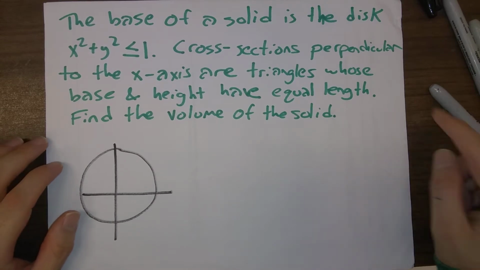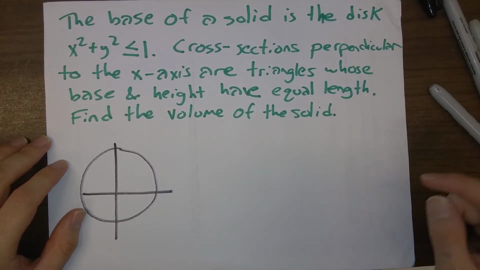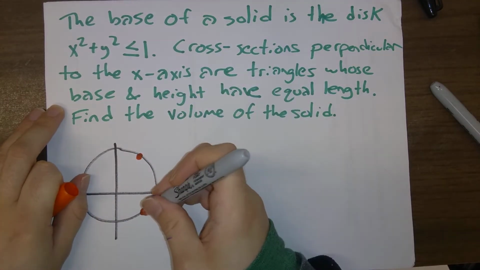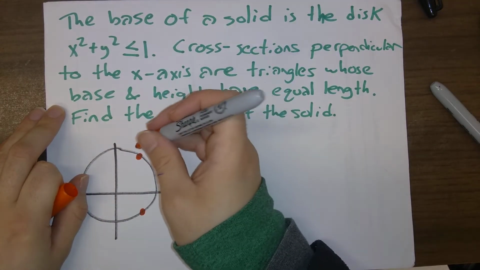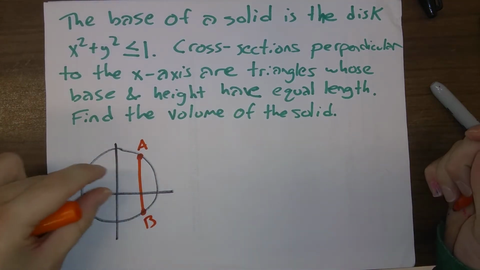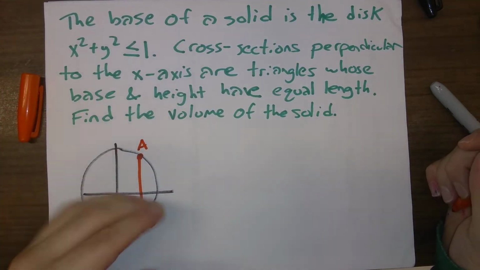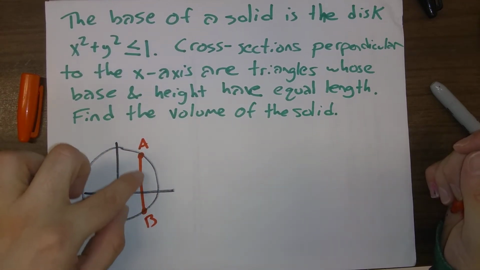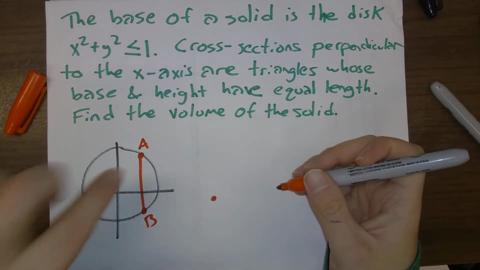Now cross-sections perpendicular to the x-axis are triangles. If I say here's a point A and here's a point B, the cross-section perpendicular to the x-axis is a triangle coming off of the page.